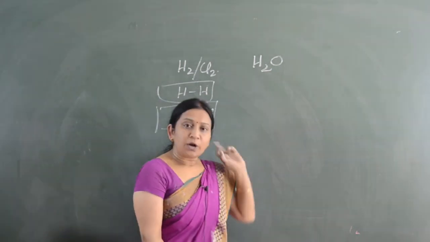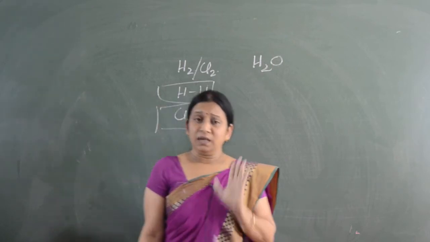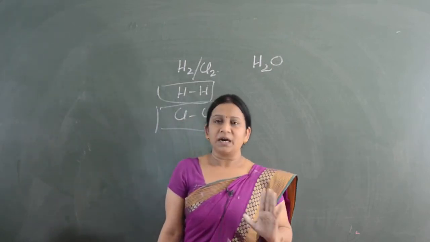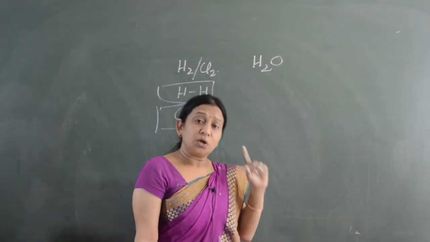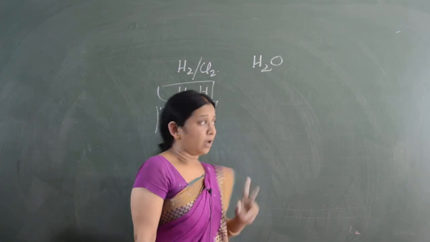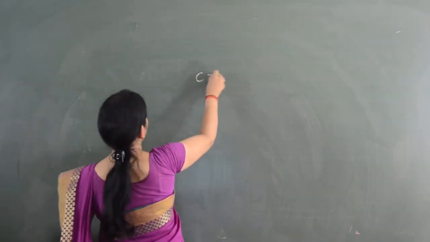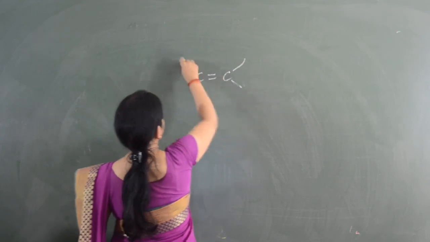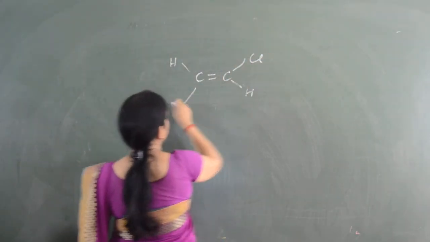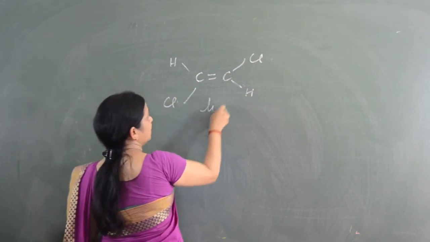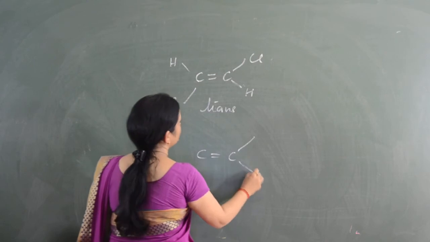If we take up hydrogen molecule, water is IR as well as Raman active. So it is going to give IR spectra. It is also going to give Raman spectra. Now, we can consider one more example, which is this one. Hydrogen, Cl and Cl. This is a trans isomer, and we draw the cis one.